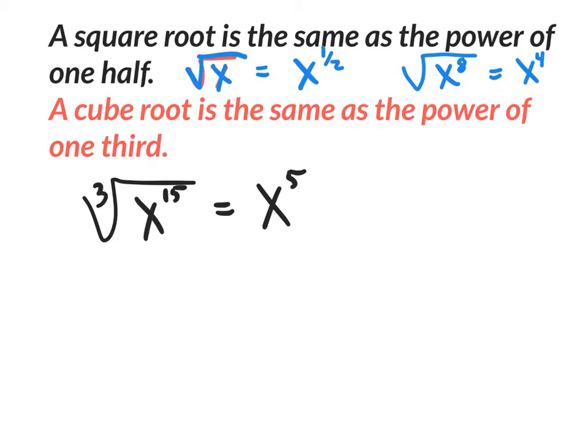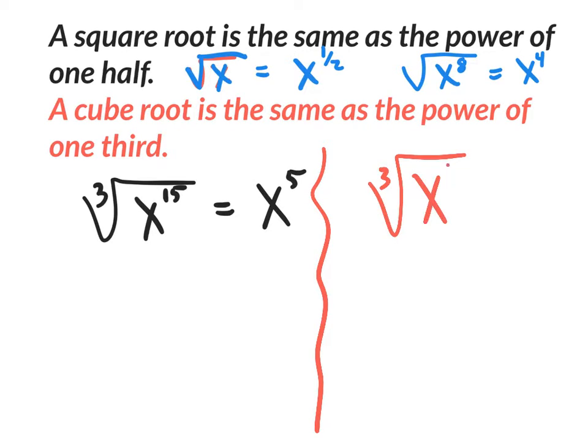Now, what if you don't have something divisible by 3? Like what if I had the third root of x to the 16th. Well, that's not divisible by 3. So what we're going to do is rewrite it with multiplication. Instead of x to the 16th, we're going to say x to the 15th times x to the 1, which is just x.